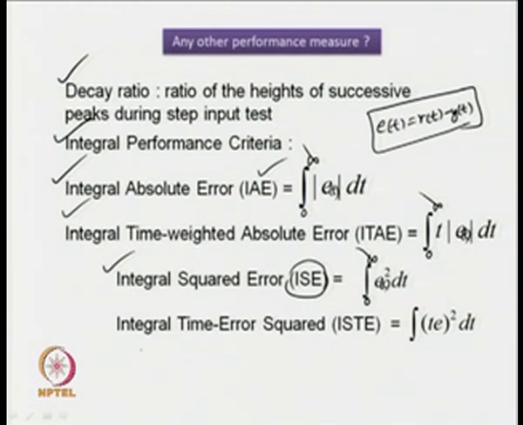Similarly, the integral time error squared criterion can be expressed as integration from 0 to infinity of t times e squared(t) dt. So, all these performance indices give us a quantitative measure of the performance of a closed loop system.